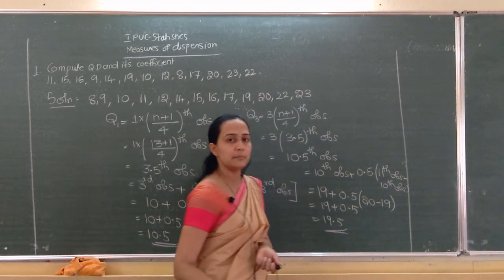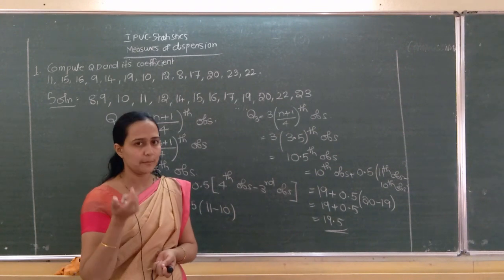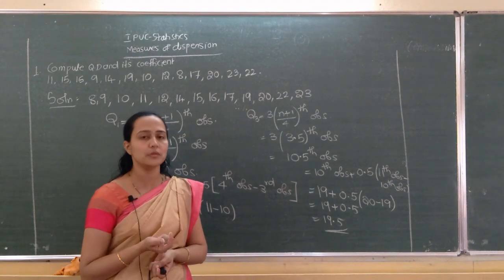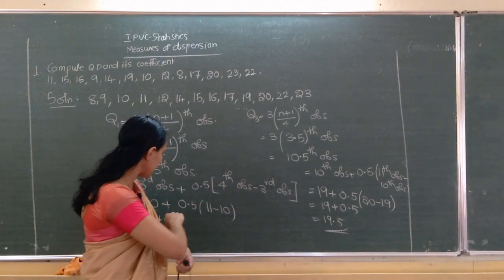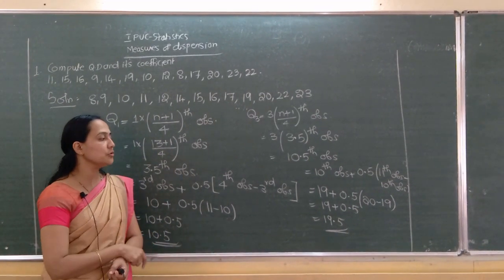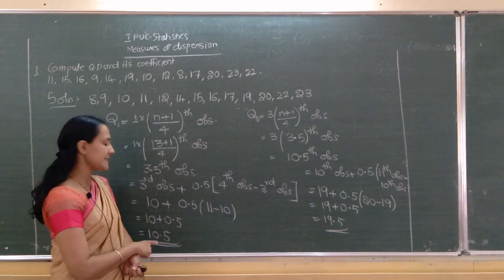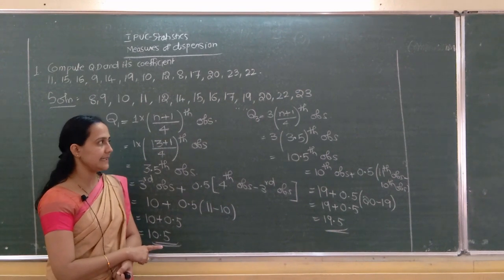Correct na? 19.5. The data just gave the number, so it does not contain any unit. So, Q1 we found is 10.5 and Q3 is 19.5.